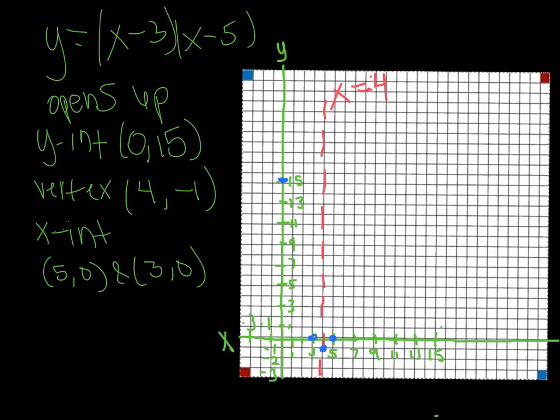To find my one additional point, I'm going to reflect my y-intercept across the axis of symmetry. As you can see, I'm 4 units away from the axis of symmetry on the left-hand side. So I'm going to go 4 units to the right of the axis of symmetry to get my last point, which puts me right here.